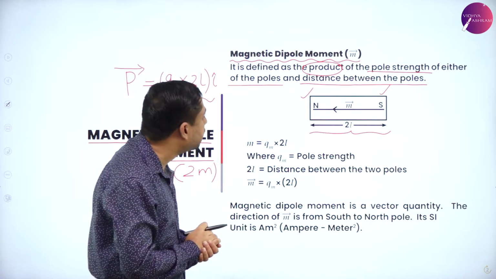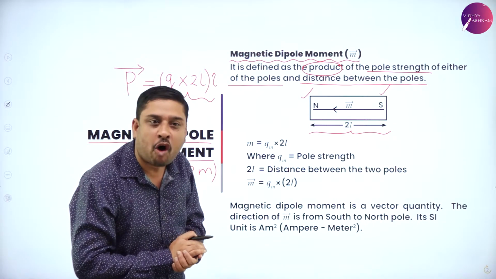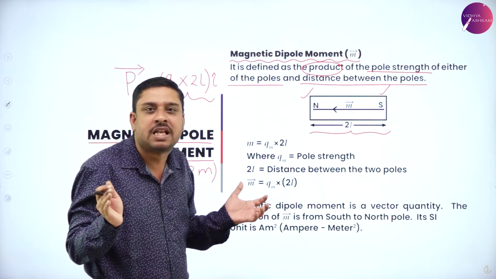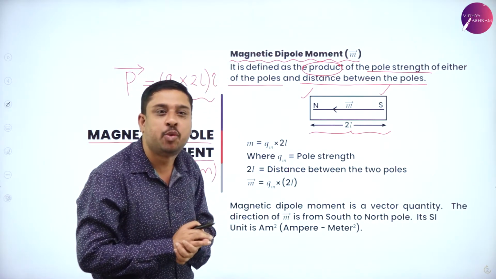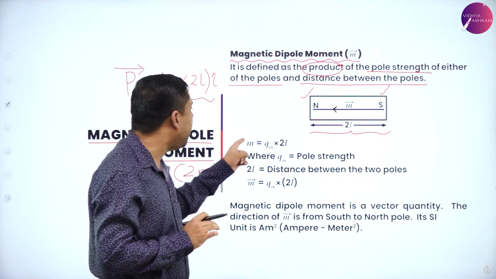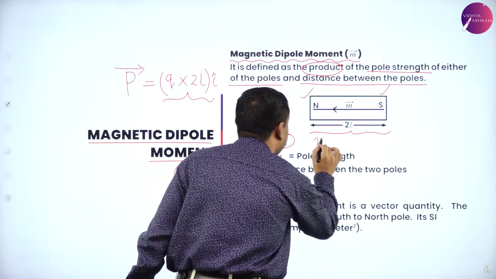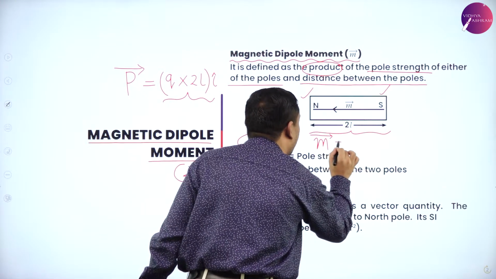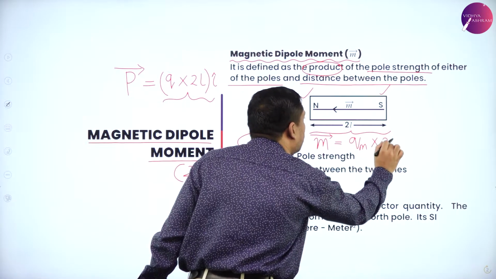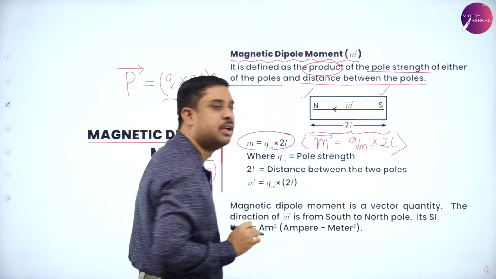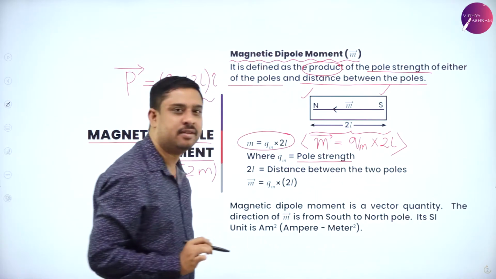It is the product of the pole strength of either of the poles, both of them have the same pole strength, and the distance between the poles. And therefore, mathematically we write magnetic dipole moment is Qm into 2L, where Qm is the pole strength.